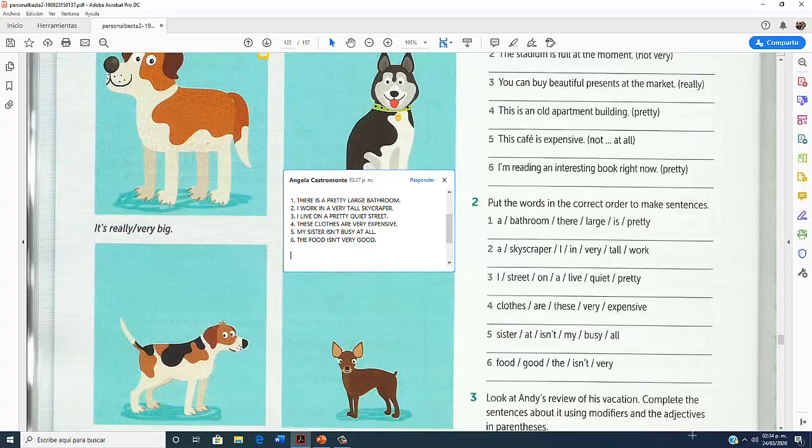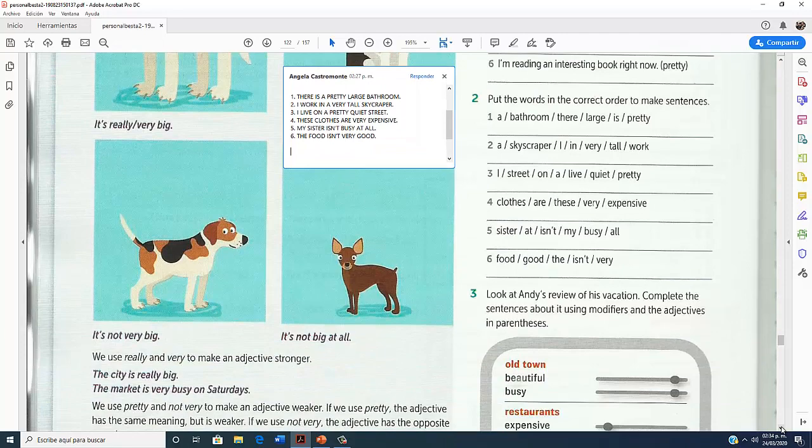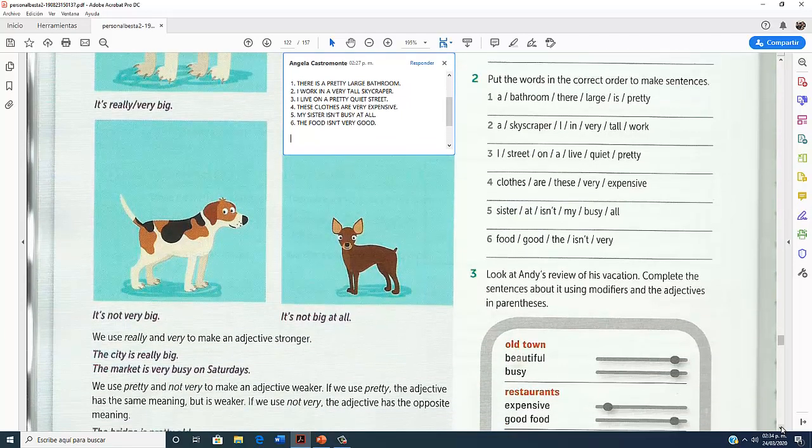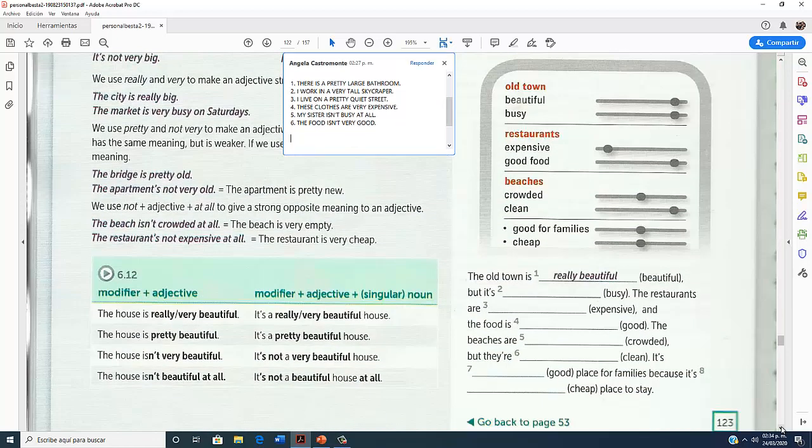Okay? Let's see. Then we have in number 3, look at this review on his vacation, complete the sentences. Okay, let's do it. It says, look at this information and we have to complete according to this, I suppose.